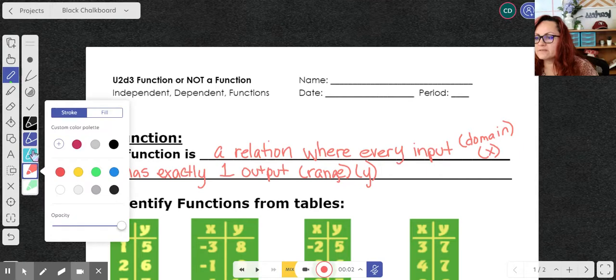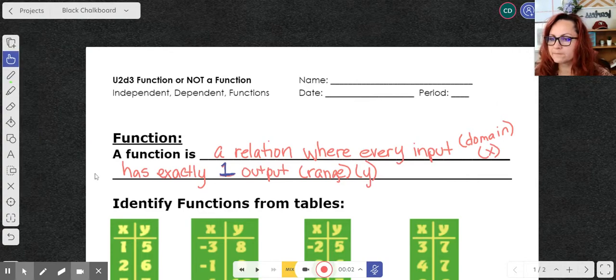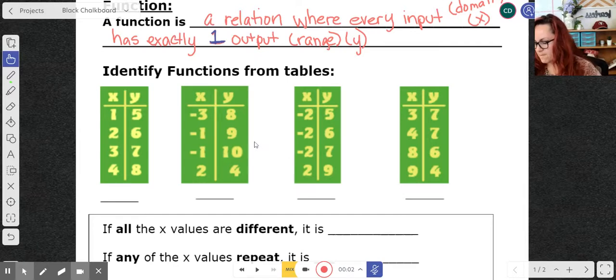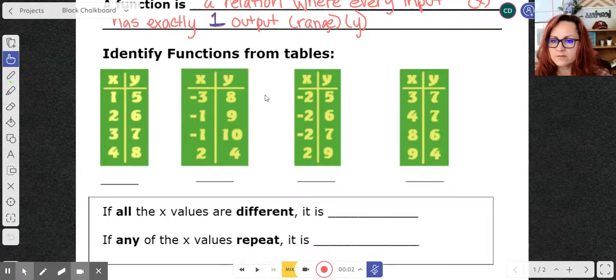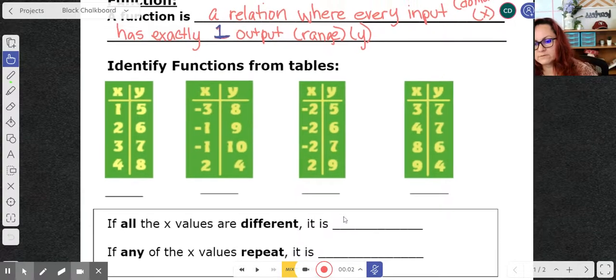So the key part of this is actually this one right here, right? One output. So let's go ahead and look at these tables. And so the idea is that when we're looking at a table, if all the X values are different, it is a function.